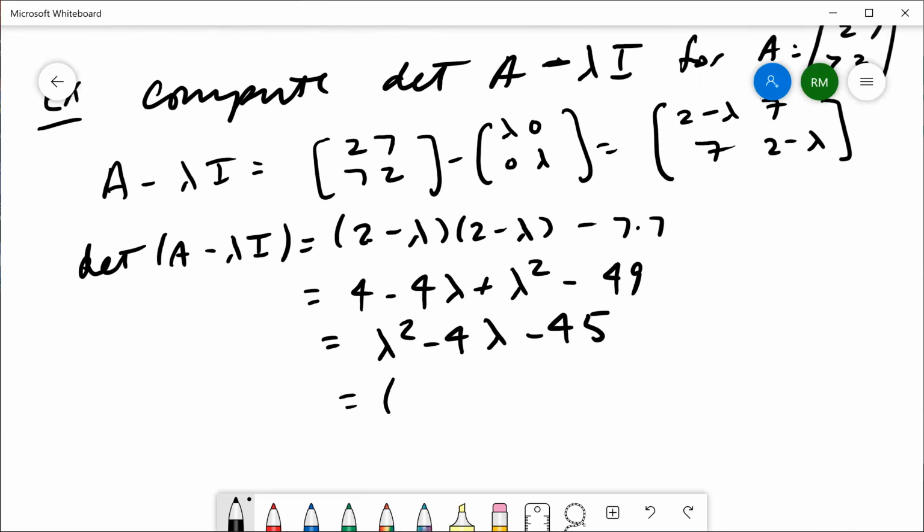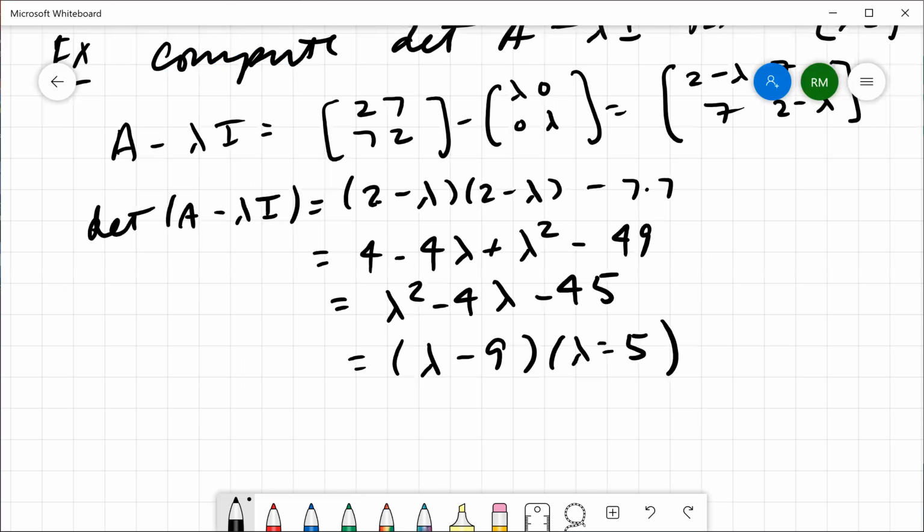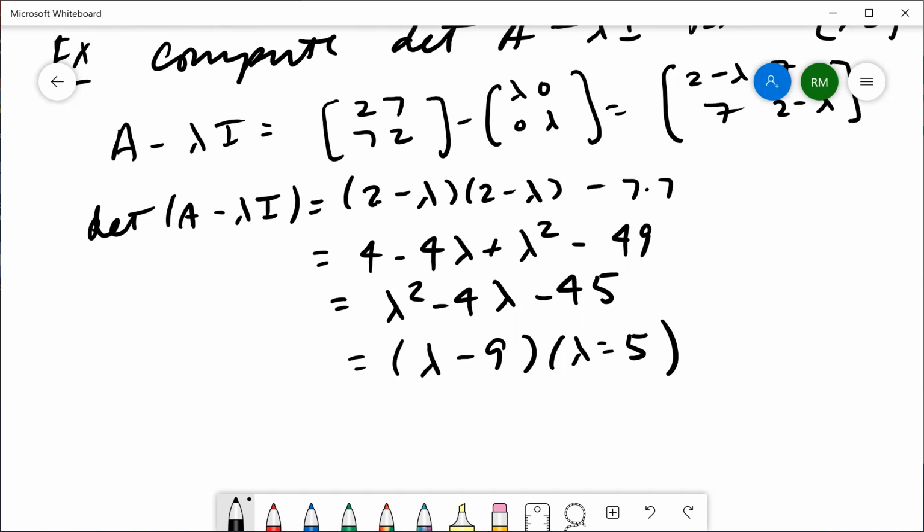And it's not so hard to figure out that this factors as (lambda minus 9) times (lambda plus 5), which tells us the only values of lambda that work are 9 and negative 5.